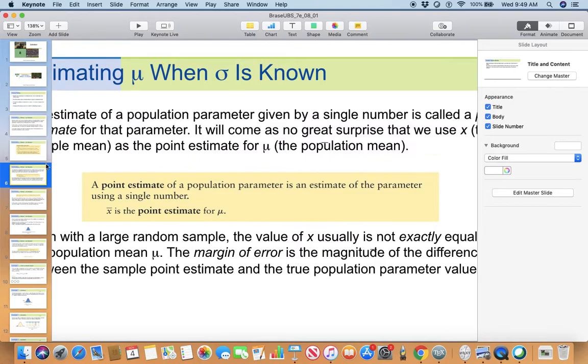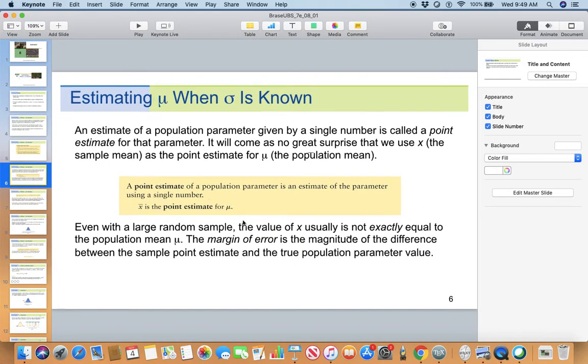Okay. Now, an estimate of a population parameter given by a single number is called a point estimate for that parameter. So to begin with, you're looking for an estimate. An estimate of a population parameter given by a single number is called a point estimate for that parameter.